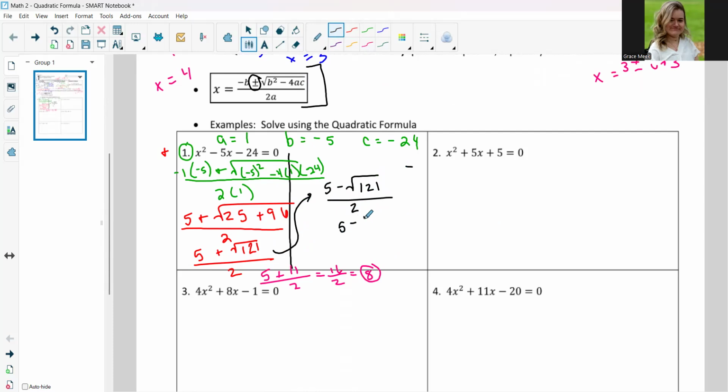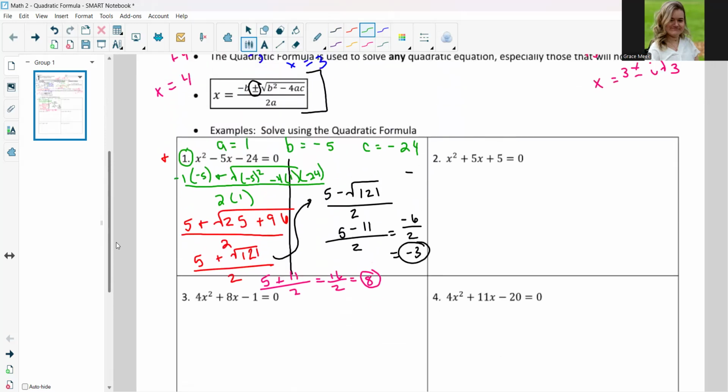Again, this is 5 minus 11 divided by 2, and 5 minus 11 is negative 6, divided by 2. So my other solution would be negative 3. Those are your two solutions for this quadratic formula problem. Makes your life a lot easier, right? Again, lots of different ways to go about it. When you're solving a quadratic, I do like the quadratic formula because it can be used at any time.